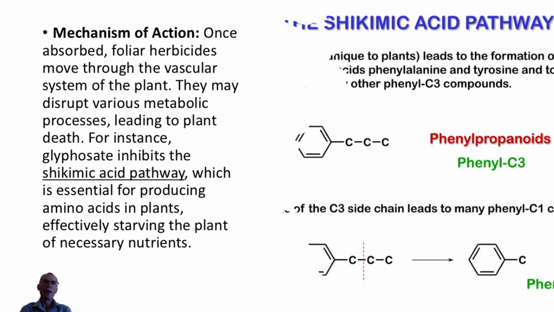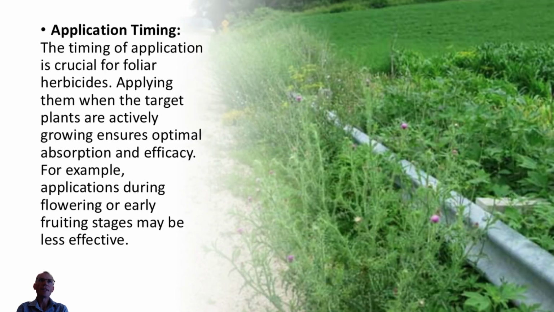They may disrupt various metabolic processes leading to plant death. For instance, glyphosate inhibits the shikimic acid pathway, which is essential for producing amino acids in plants, effectively starving the plant of necessary nutrients.